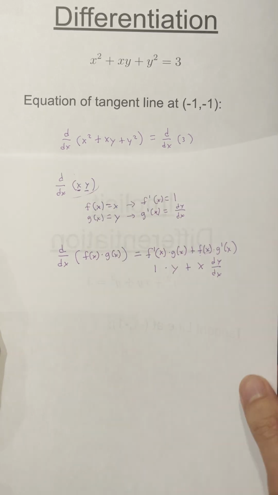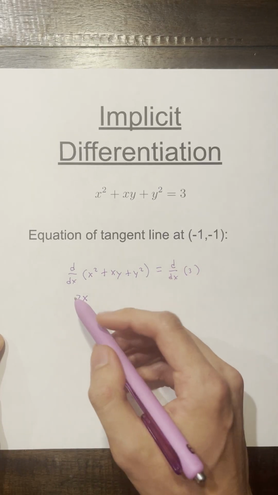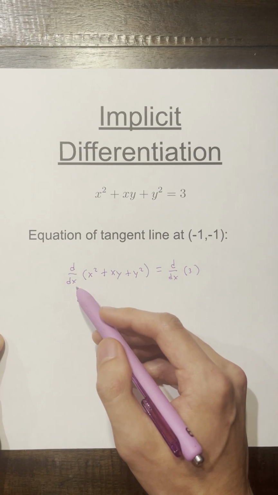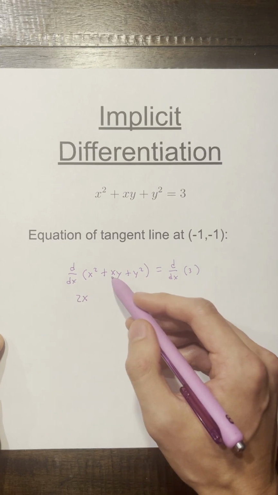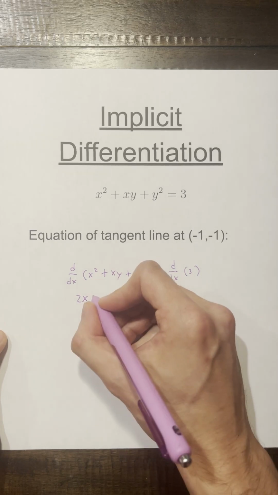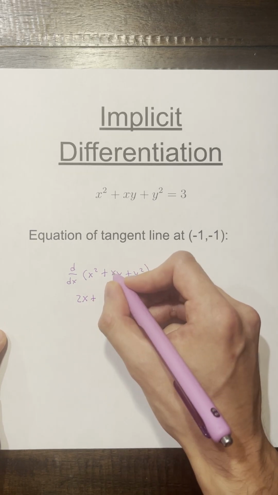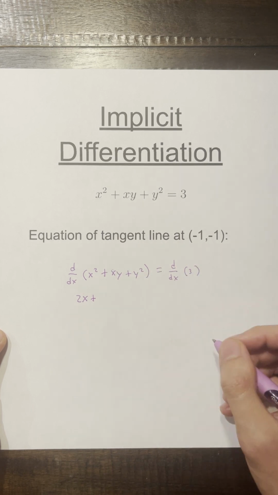All right, so let's go back. We're going to try to redo our steps from memory. So what is d dx of xy again? What rule did we use? Product rule. Okay, so it's going to be plus. What is d dx of x again?